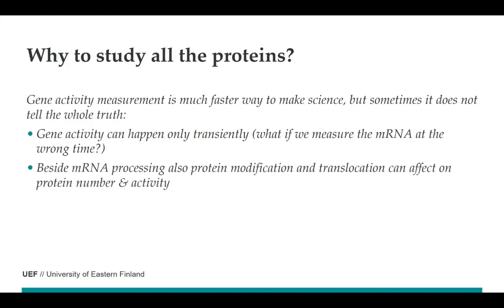Then, besides this RNA processing, also protein modification and translocation can affect the amount of the protein or the protein activity. And this can cause discrepancies that are a pain in every research group.